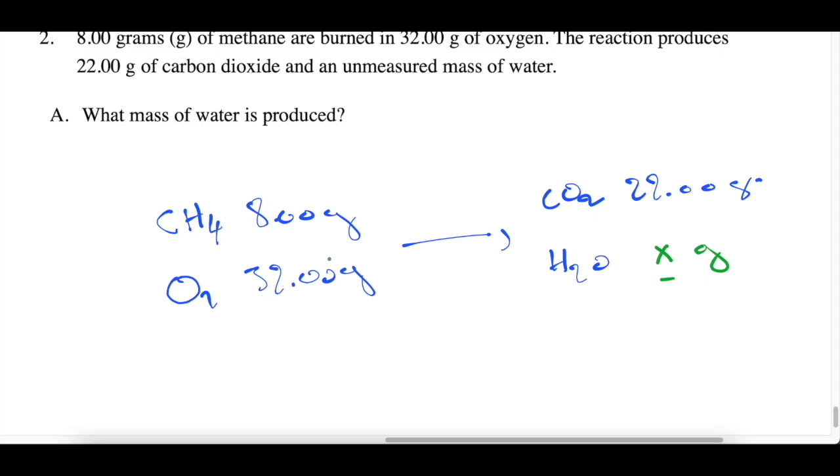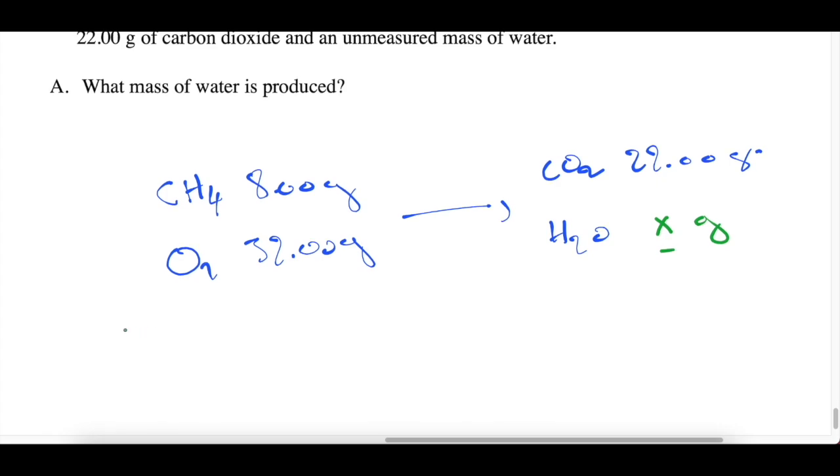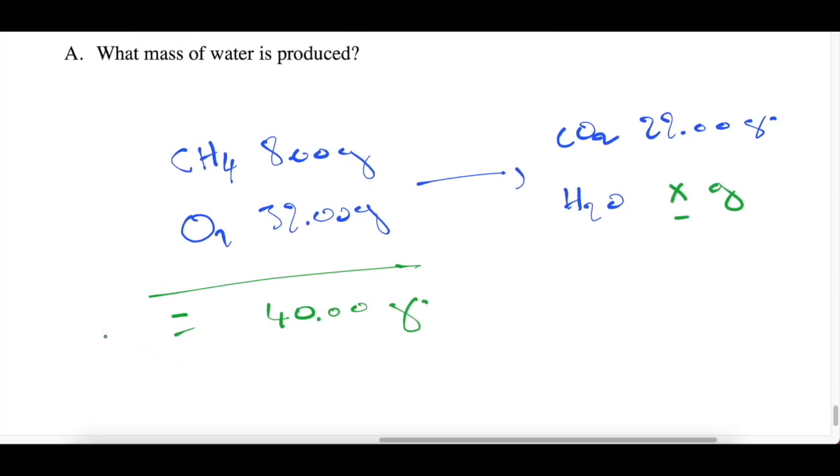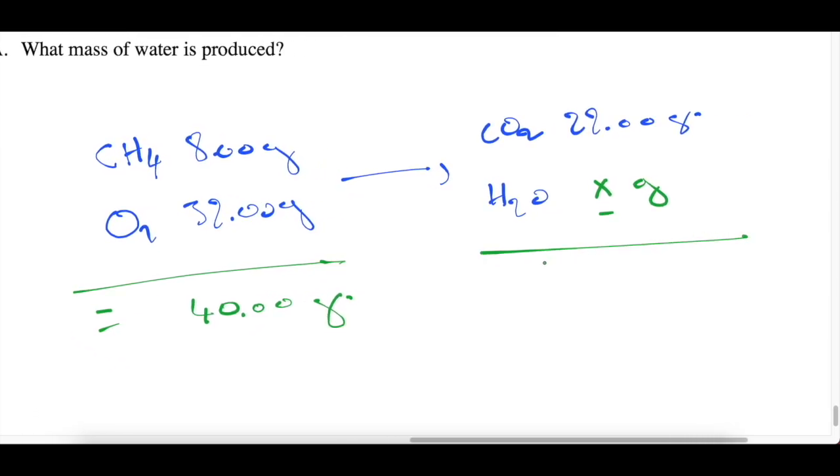This is an example of the law of conservation of mass. Here the total mass of reactants is 40.00 grams, and the total mass of products is 22.00 grams plus X grams.